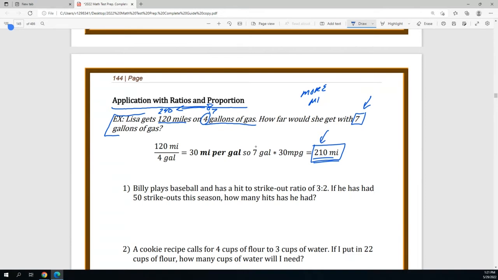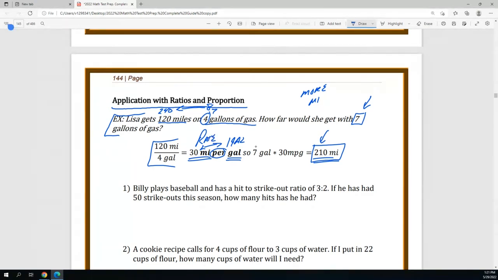So check this out. What you had to do is take 120 and divide it by 4. You do that because you want to find out how many miles she's getting for each gallon of gas. So 120 miles divided by 4 gallons tells me that she gets 30 miles for every 1 gallon of gas. So this is called a rate.